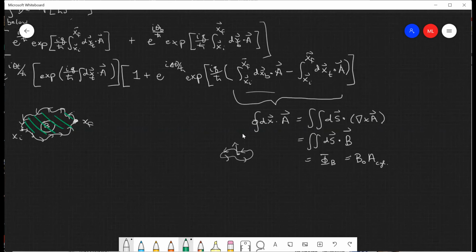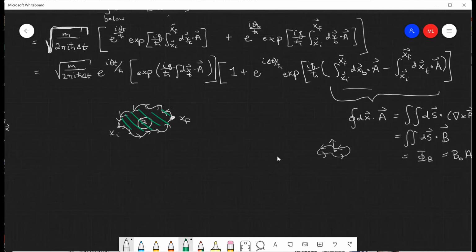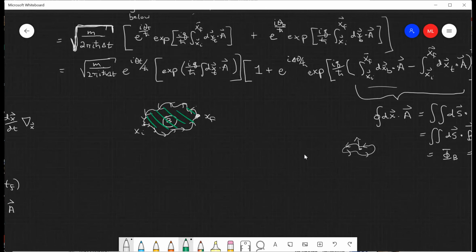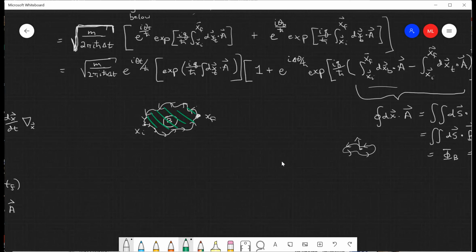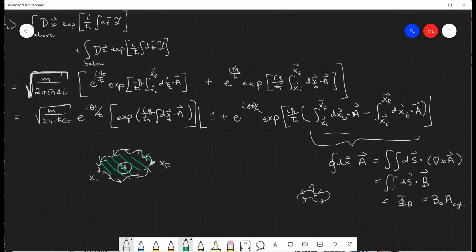So that's really quite interesting. It tells you that the flux inside the cylinder actually contributes to the relative phase difference between paths that go on top and bottom of the cylinder.